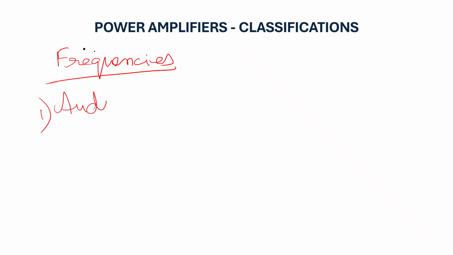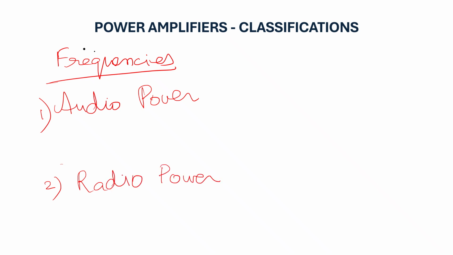First we'll discuss the types of amplifiers based on frequencies. Based on frequencies, they are classified as audio power amplifiers and radio power amplifiers.